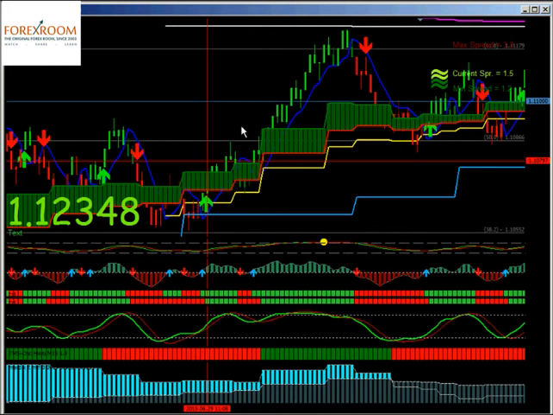Fibonacci levels are his exit points right here. He would move to break even on his order between 10 pips, 79, 93, so approximately here is where he moves his order to break even and lets it run.